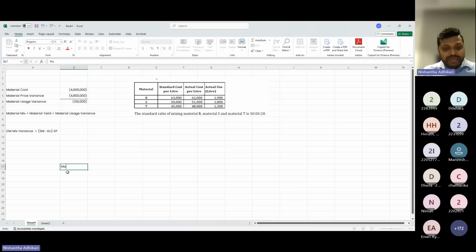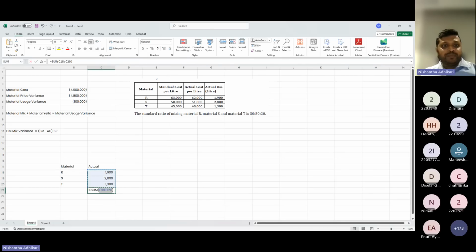For materials R, S, and T, the actual mix is given: 1900, 2800, and 1300. Now you have these actual details. These are the actual material kilograms. Then you can take the total. You have used 6000 kilograms of actual material. Now I will convert this actual material usage into the standard mix.